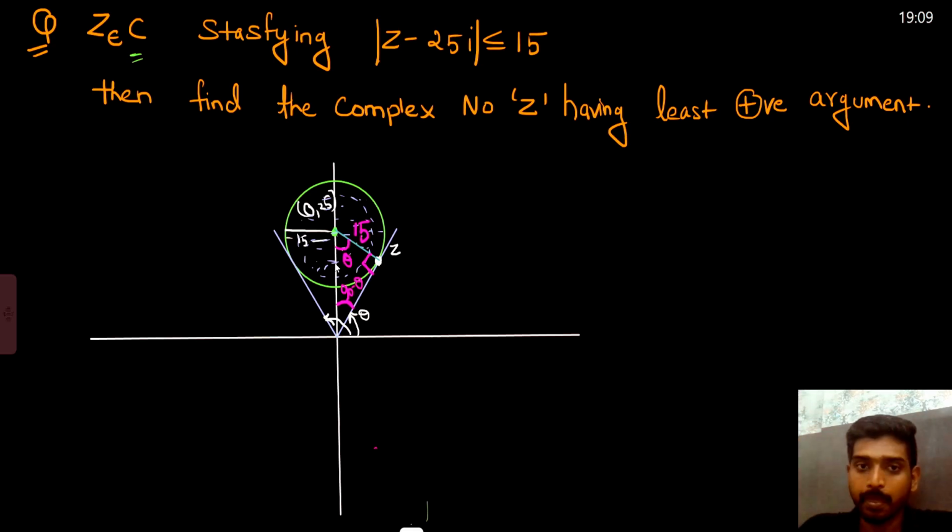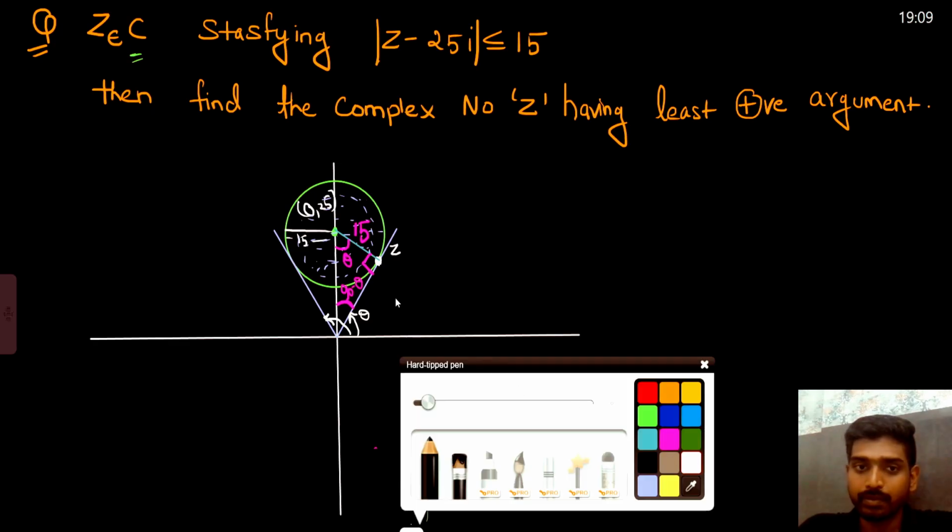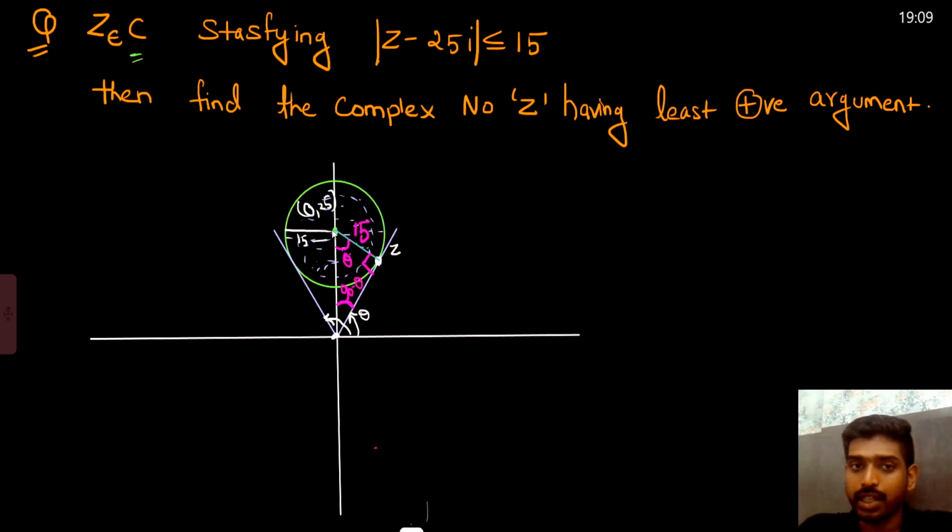Now next, if this length is 15, how much is this complete length from the origin to the center of the circle? It is clearly 25. So this height is 25.